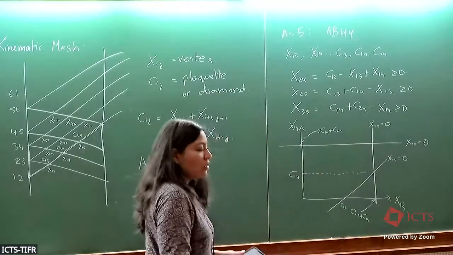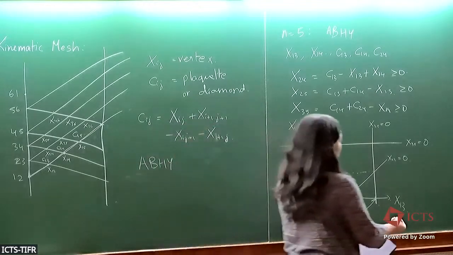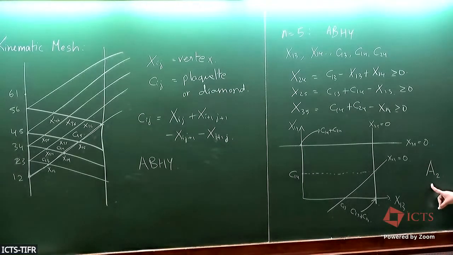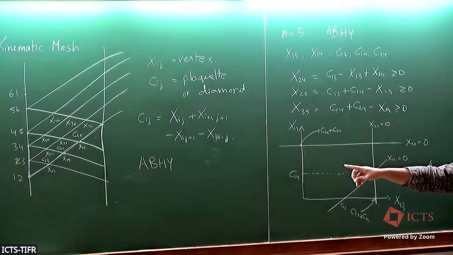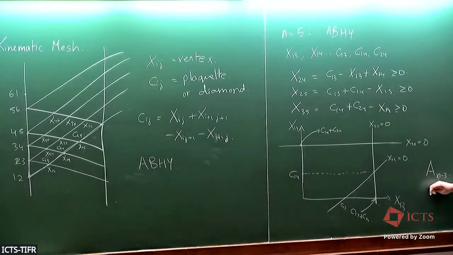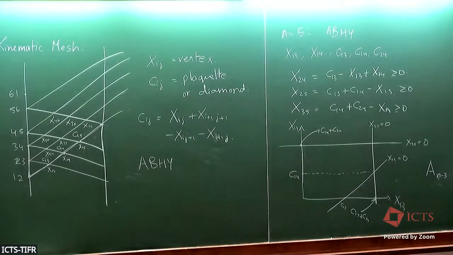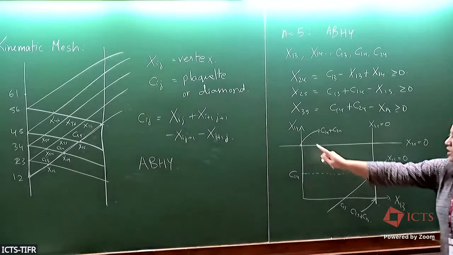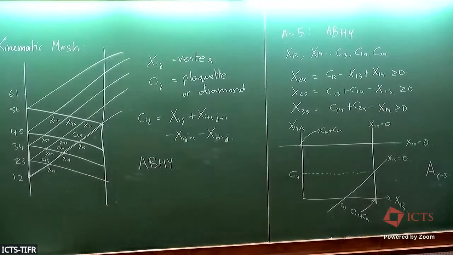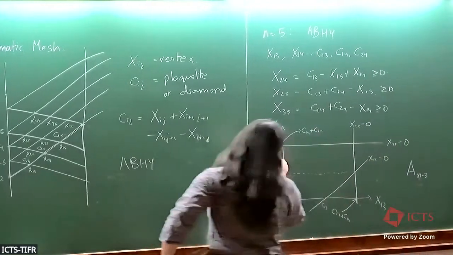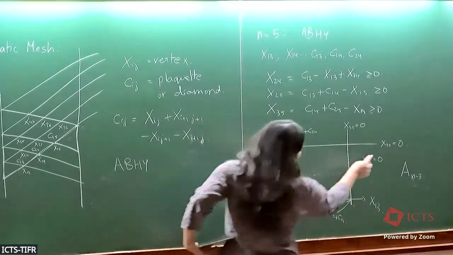Okay. So this is the ABHY associahedron, often called A2, which is a bit confusing because it's the 5-point amplitude, right? But it is just this, n minus 3. So it's called A2 because it's 2-dimensional. It has these appropriate boundaries at the correct locations, and each of the vertices are now compatible boundaries, meaning that if I write down the boundaries correctly, so like this is x13 equals 0 and x35 equals 0.